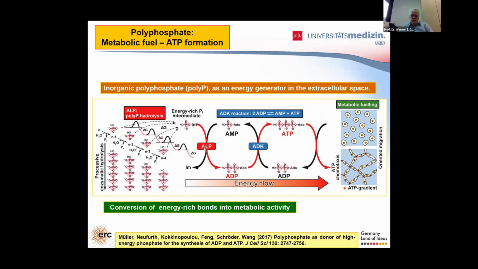So the alkaline phosphatase is releasing the energy which is stored in this high-energy bond and is going to phosphorylate AMP to ADP, and then with the help of the underlying kinase, we get the synthesis of ATP. So we had the basis for the phosphate delivery which we need for bone mineralization.